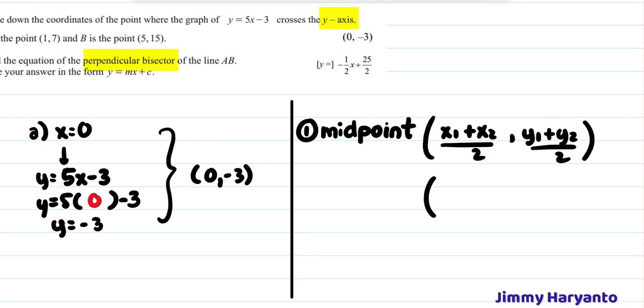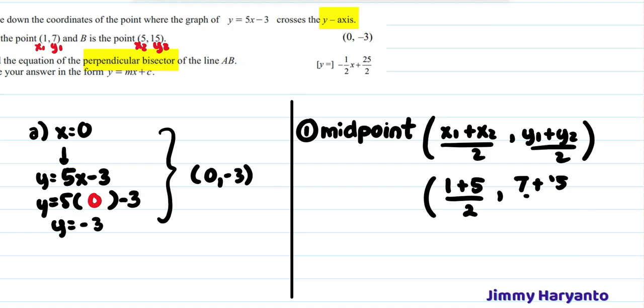Okay, let's input the x1, y1. This is the x1, this is the y1, this is the x2, this is the y2. So x1 is 1, x2 is 5 divided by 2, 7 plus 15 divided by 2. The answer is (3, 11).